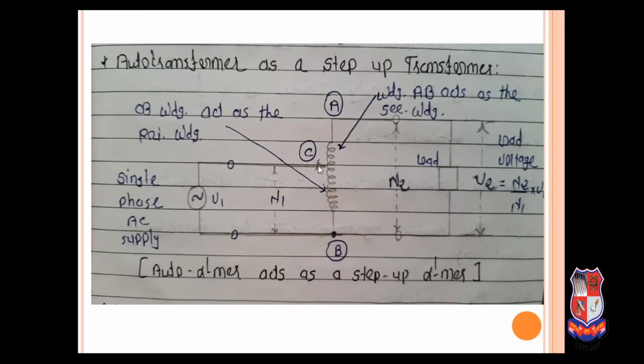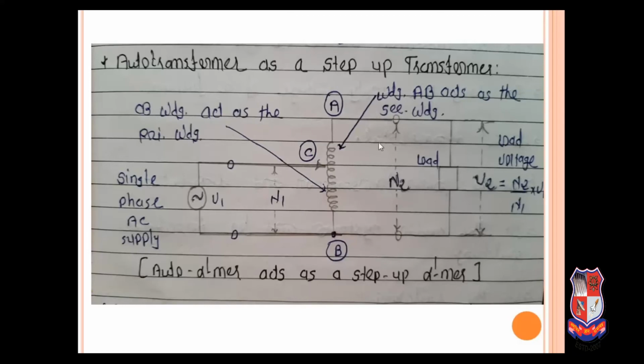Here point C is located at the middle of the winding. So we can say that the primary winding has a lower number of turns, whereas the secondary winding has a higher number of turns, which is indicated by the AB part over here, whereas the primary winding is indicated by the BC part over here.